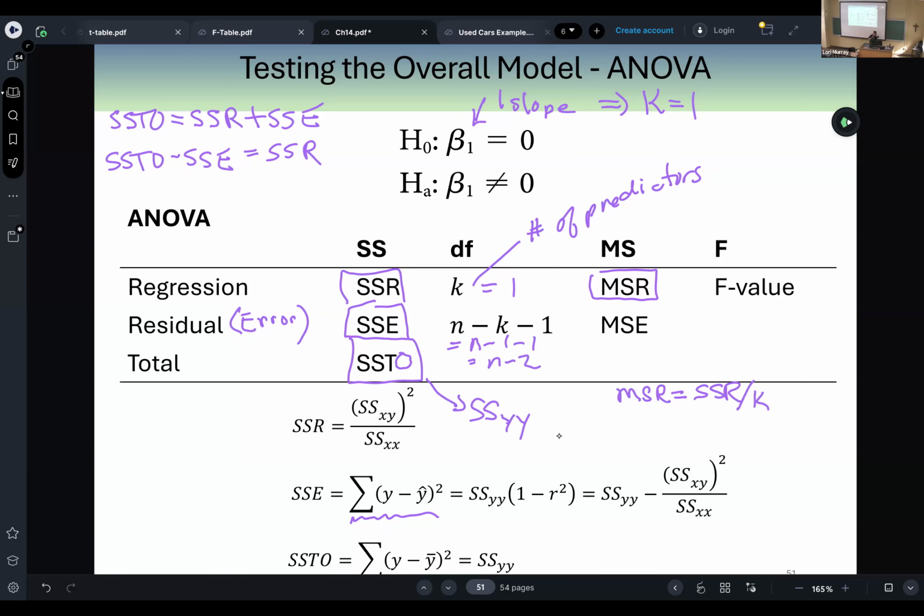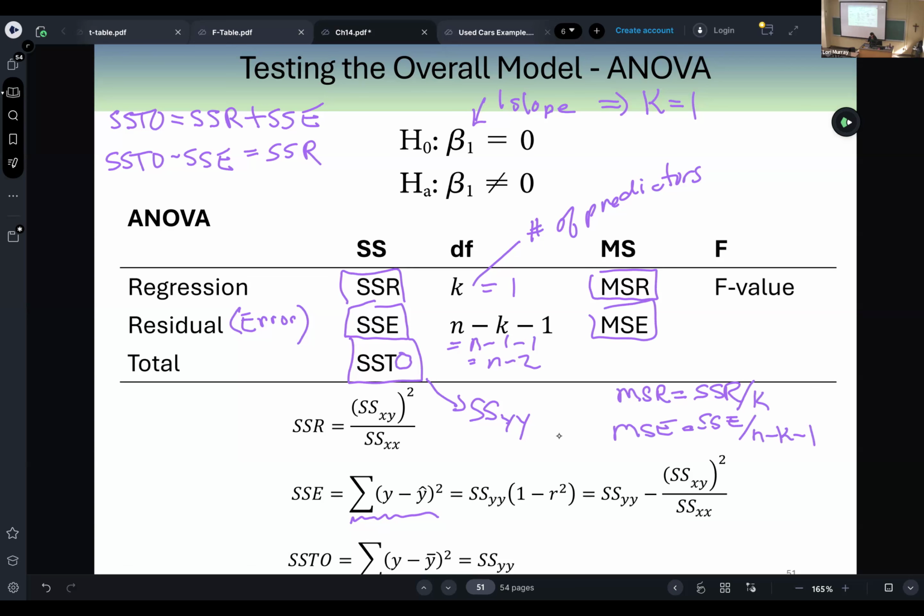And it's just like our ANOVA table. So the MSE is going to be the SSE divided by, and you can guess, n minus k minus 1, right? N minus k minus 1. Or n minus 2 if it's just one predictor.